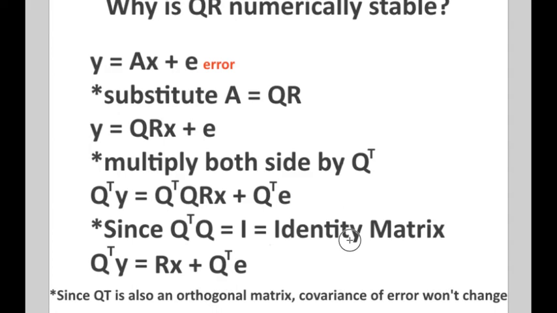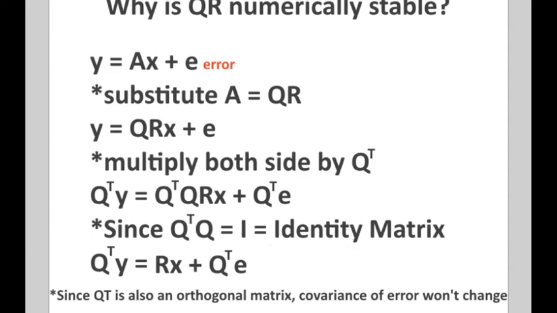Because of that, the x coordinates won't affect the y coordinates, and the y coordinates won't affect the x coordinates, because they're orthonormal, 90 degrees to each other. So the error can change, but the covariance of the error can't change.